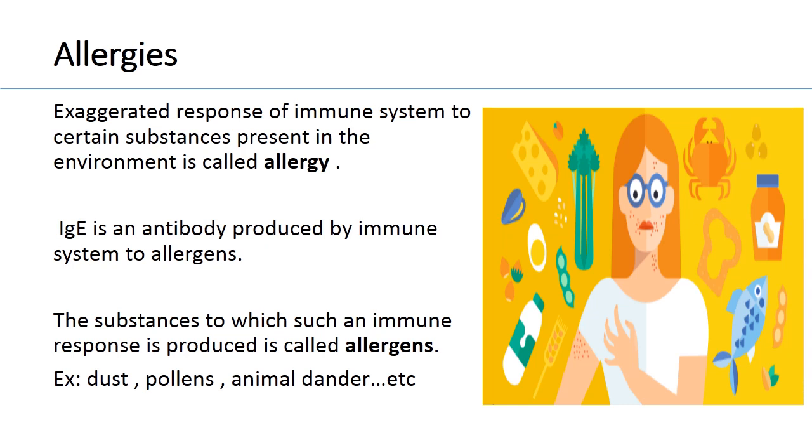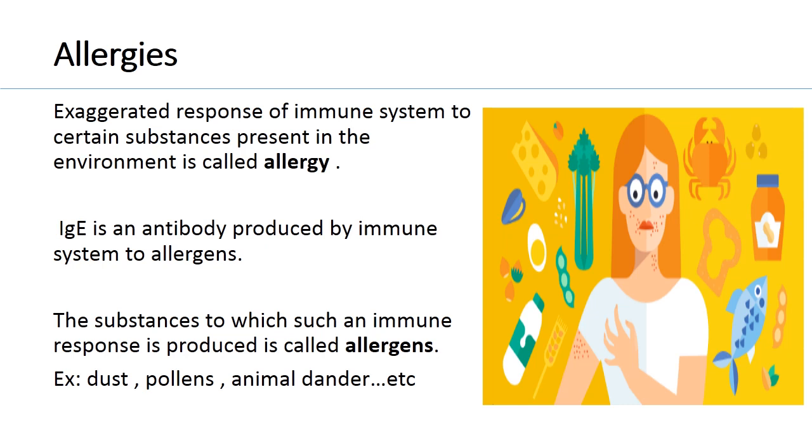Allergens may be dust, and some are allergic to pollen. If you visit a new place, there will be lots of greenery. In such places, pollen grains will be present in large numbers, so sneezing will be a very common allergic symptom, because some people are very allergic to pollen grains.